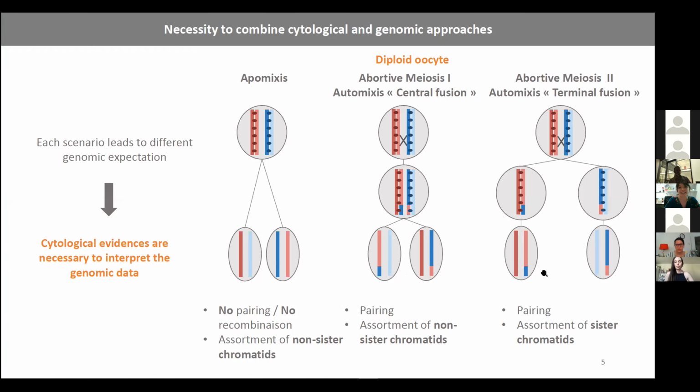As you can see, these three scenarios have very different impacts on the genome, and these impacts are very significant. So in order to better understand the consequences of automixis on the genome of Mesorhabditis species, cytological evidence is necessary to refine genomic data.